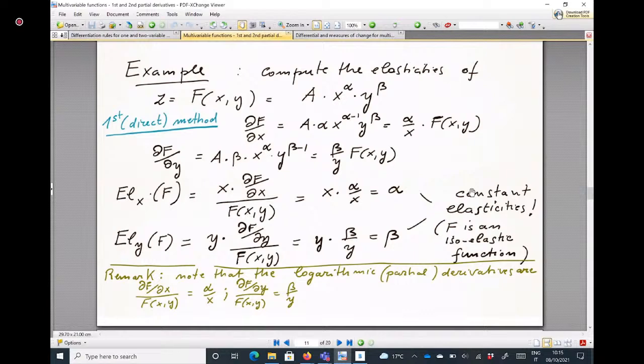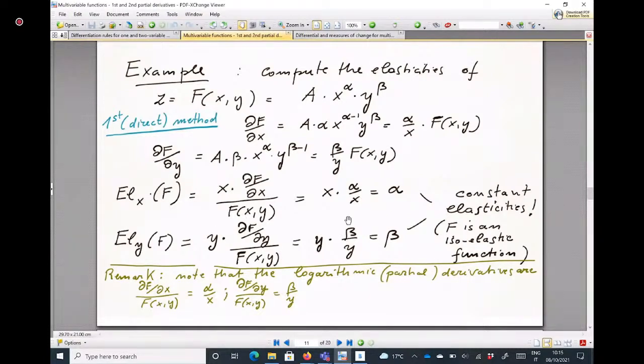And this is why these power functions are called isoelastic functions. Isoelastic means having the same elasticity across the whole domain of the variables. Constant elasticity functions. Similarly, if you compute the elasticity with respect to y, you multiply y by the log derivative.